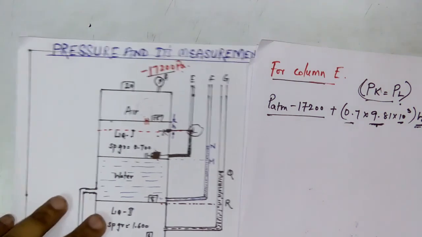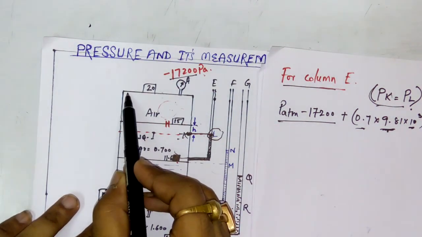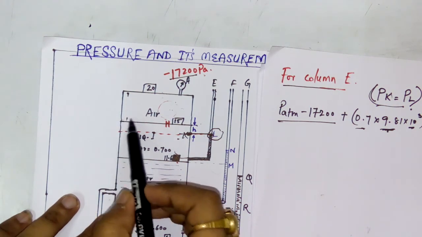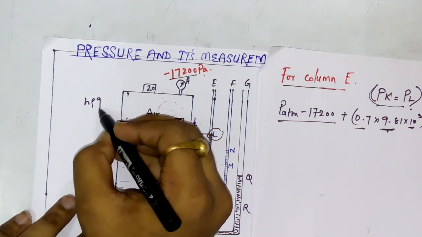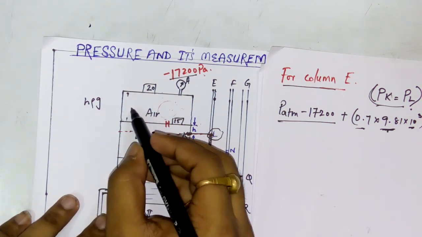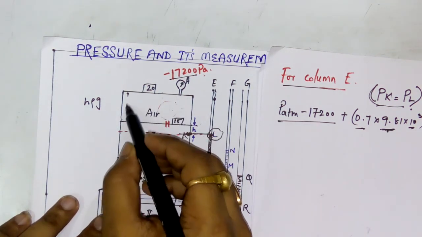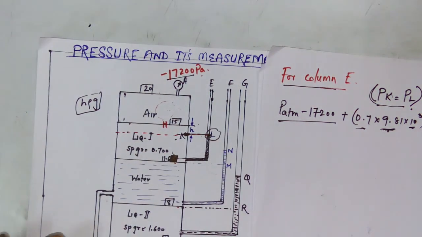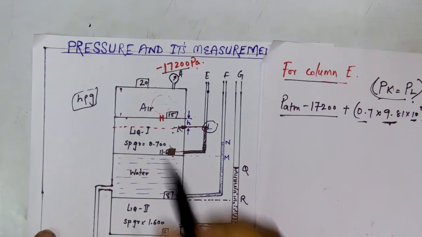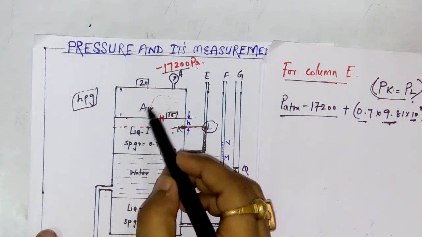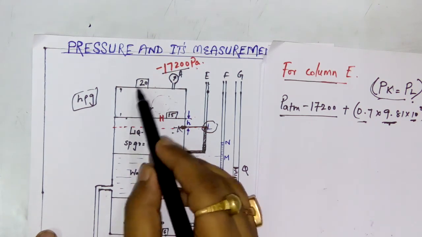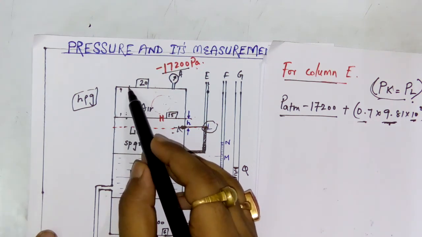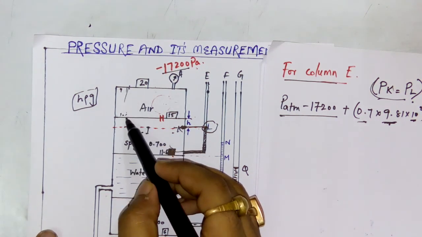Now someone may ask why we have not considered the pressure of air due to this height, why we have not considered rho g h for this height. My dear friend, I have not considered it because the density of air is very low, or you can say the specific weight of air is also very low. That's why we are neglecting the pressure due to this height of air.